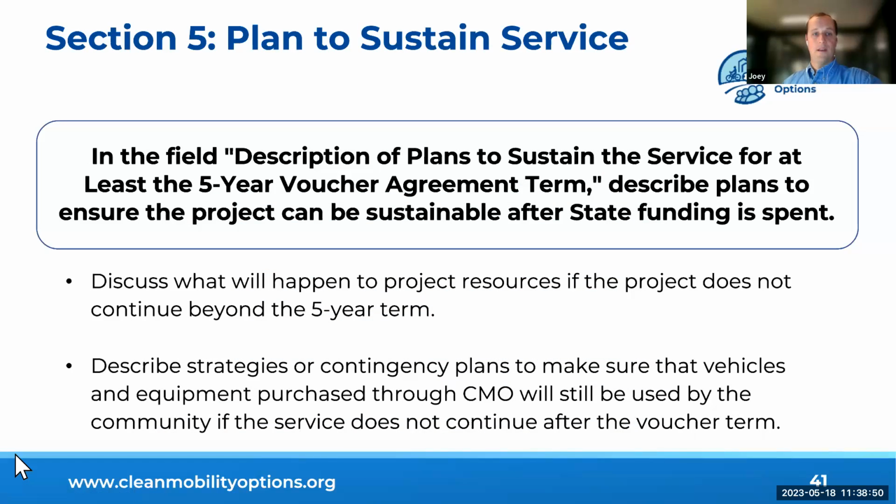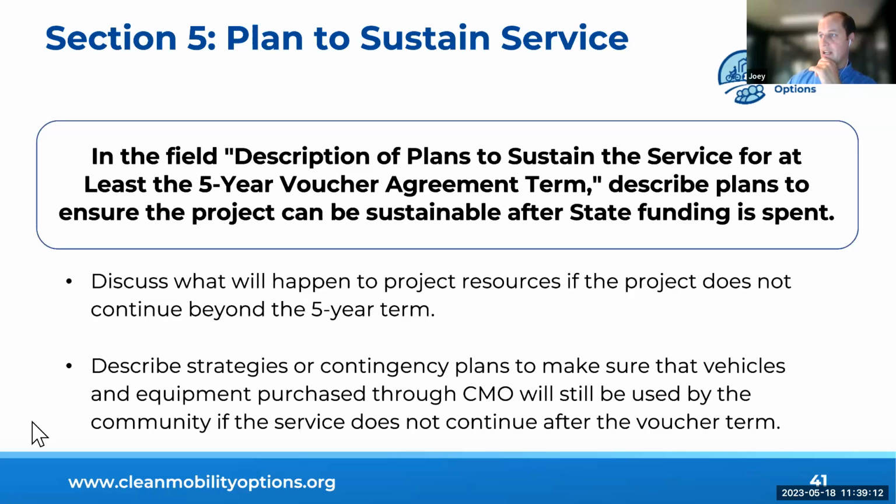Okay. Next, the applicant must describe how the project can be sustainable after the state funding is spent. This next section addresses strategies for financial sustainability and risk management. All right. So in the field, description of plans to sustain the service for at least the 5-year voucher agreement term.